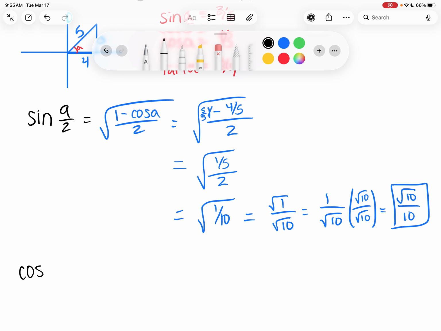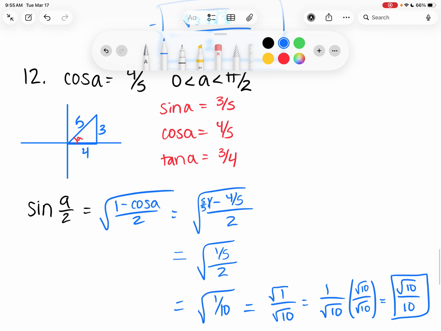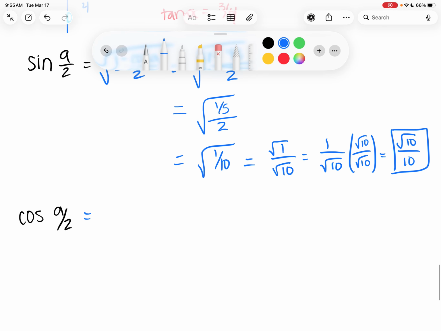The cosine of a over 2. And notice these ones are positive because we're in quadrant 1. Cosine of a over 2 is the square root of 1 plus the cosine of a all over 2.